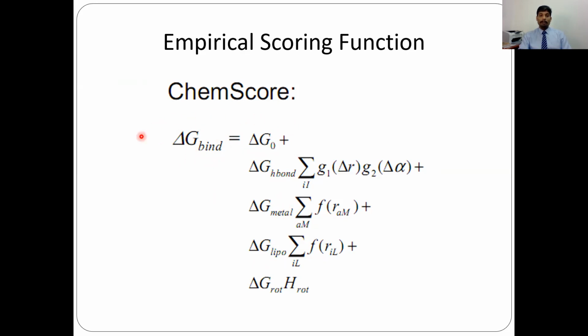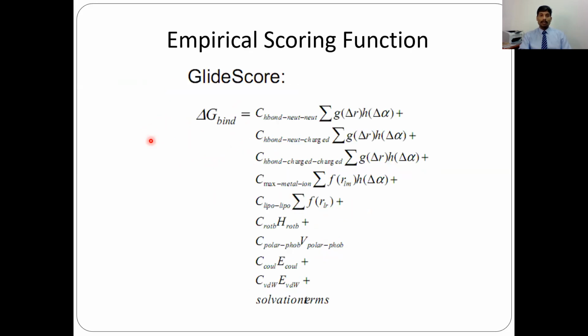Similarly, in empirical scoring there are different algorithms, like ChemScore and GlideScore. Each one comes up with a different way of calculation, so we cannot exactly say which is better. When you do this in research, you have to try different ones and find out which is the best one. You are not actually developing anything, just finding which is the best.